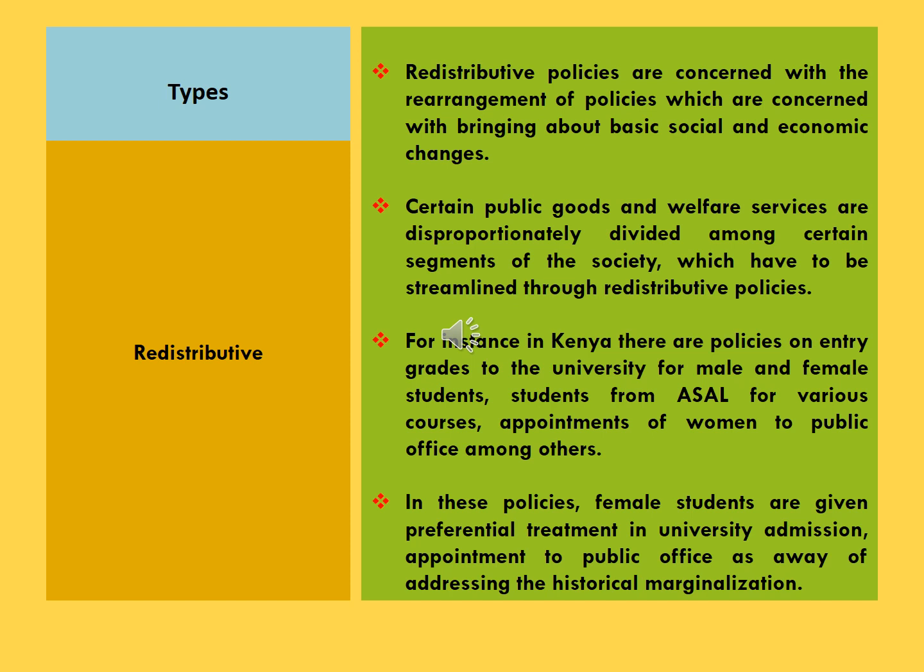In these policies, female students are given preferential treatment in university admission and appointment to public offices as a way of addressing the historical marginalization that they have faced over the years. The creation of a women-only position in the Constitution, the one we call women rep, is also an example of a redistributive policy.